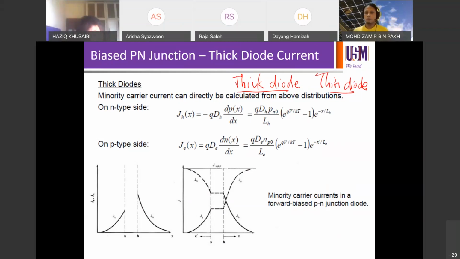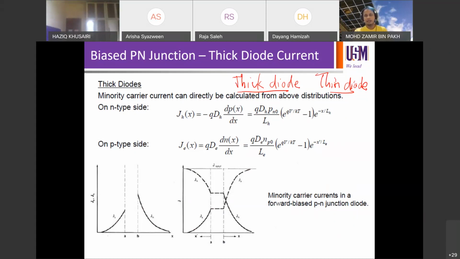Why do we have to discuss thick and thin? Because later on we're going to see in actual devices, there are devices where the diffusion length is much less than the device thickness. In that case, we call it a thick diode. And there are also semiconductor devices where the diffusion length is higher than the device thickness.